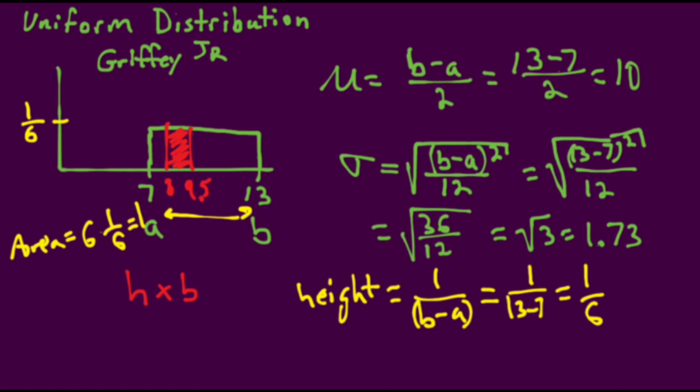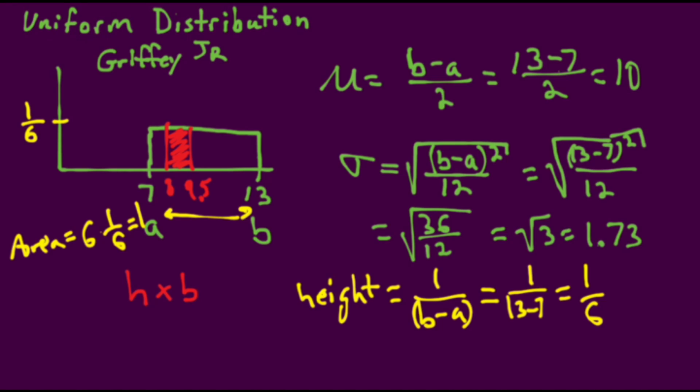That might be another way to conceptualize what's happening here: we need all of the area in this green rectangle to be 100% or 1.0. And so if the base is 6, then it must be that the height is 1 over 6. That's really what the height formula is doing for us, just making that conversion.